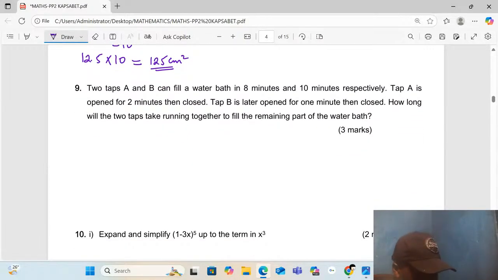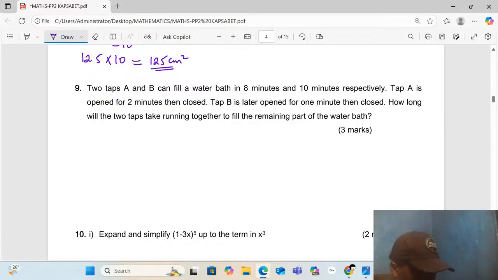Two taps, A and B, can fill a water bath in 8 minutes and 10 minutes respectively. Then tap A is opened for 2 minutes and then closed. Tap B is later opened for a minute, then closed.